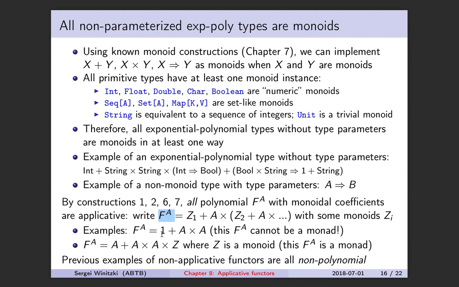Here are examples of polynomial functors that are applicative because they're polynomial. So the first example is interesting because this type constructor cannot be defined as a monad, cannot have a monad instance.